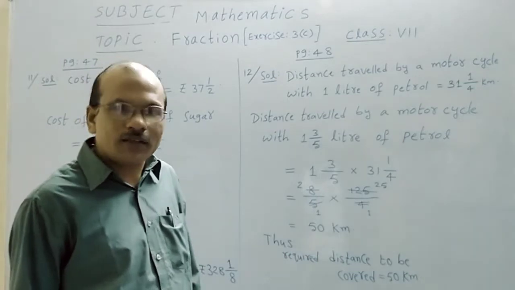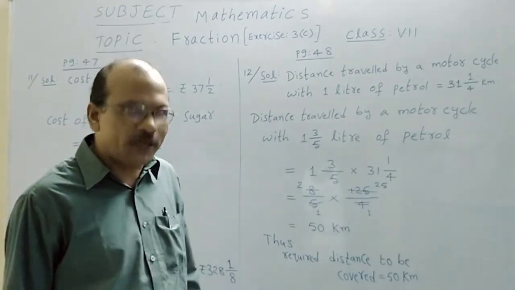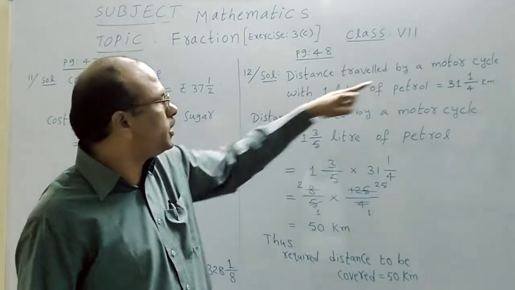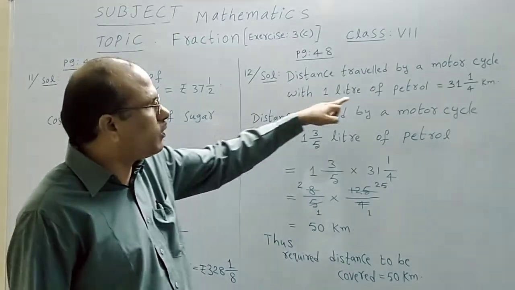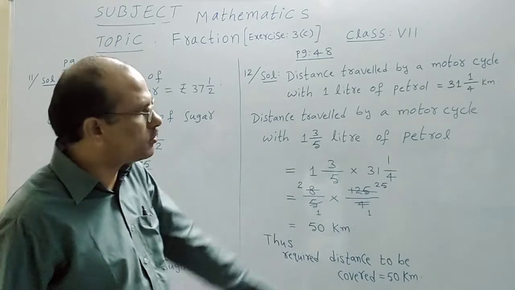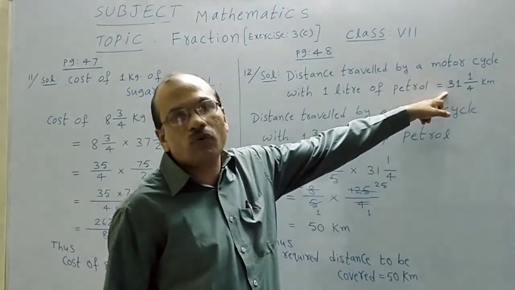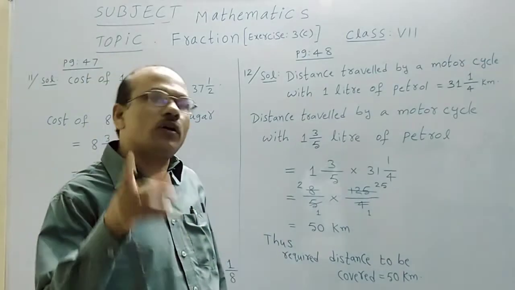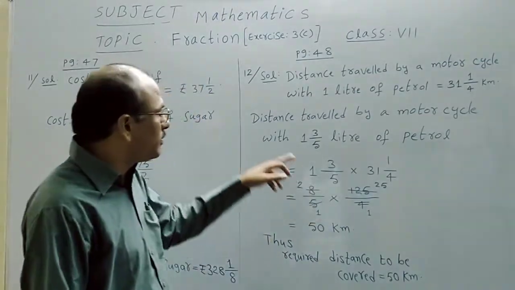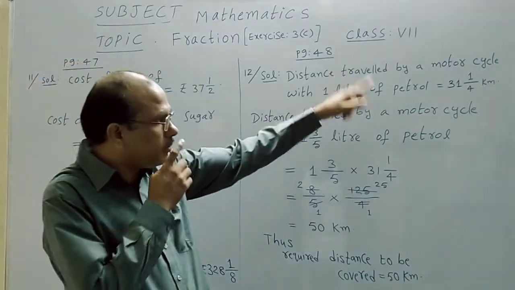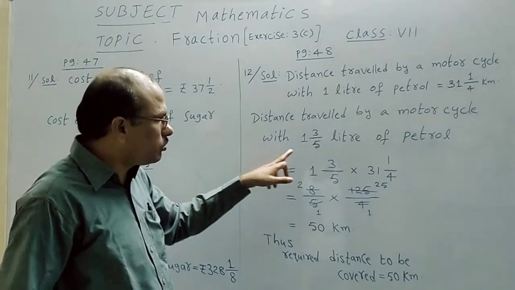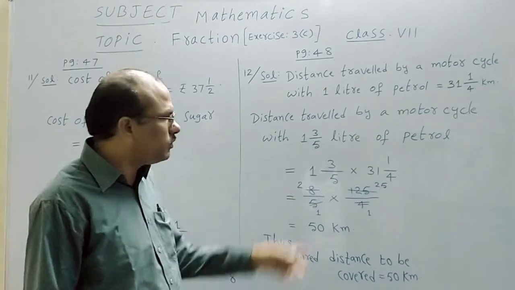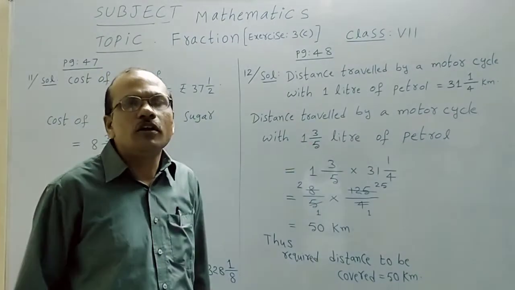So the distance travelled by a motorcycle with 1 liter of petrol is 31 1 by 4 kilometers. Then the distance travelled by the same motorcycle with 1 3 by 5 liter of petrol.